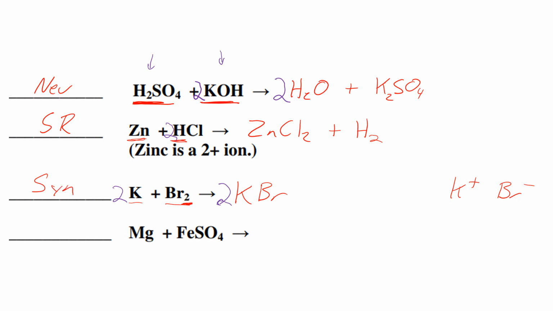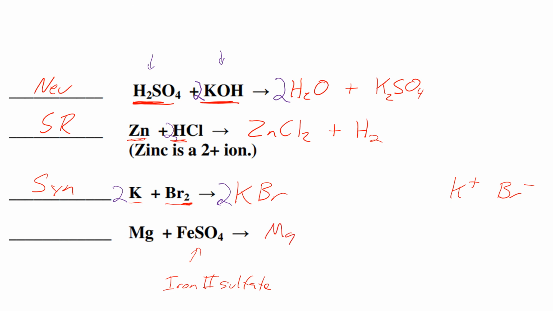Here we have Mg plus iron sulfate. Now the question is, what kind of iron sulfate is this? And since SO4 is 2-, that means Fe has to be 2+. So this is iron 2 sulfate. Okay, which isn't necessary to answer this question, but magnesium is going to kick out the iron, and so it's going to be Mg.